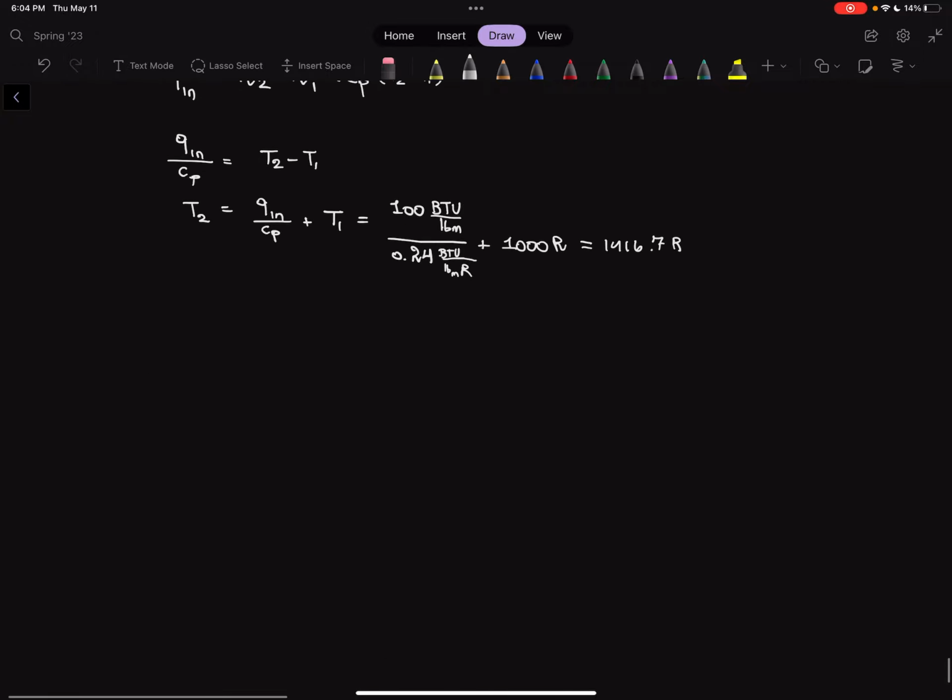Well, actually, what we can do is find the Mach number, because we can say M2 is going to be, from the supplemental data pack, a function of the T2 over T total at 2.